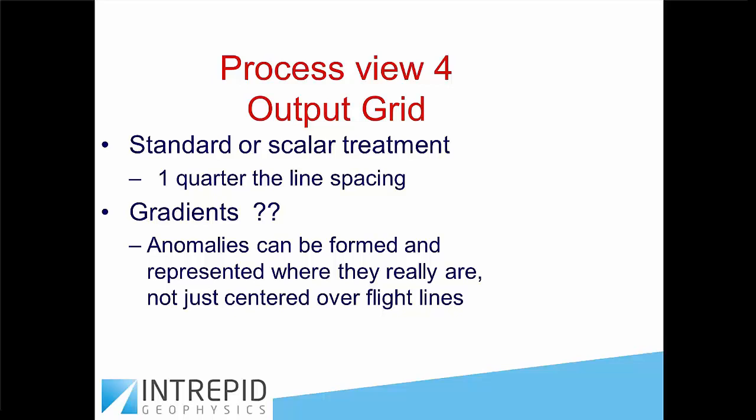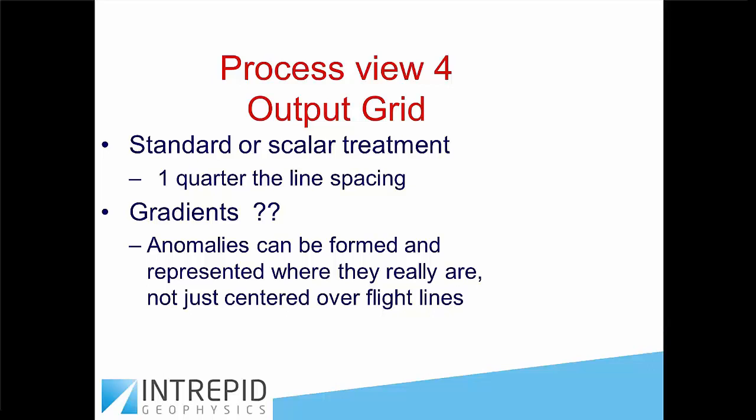If you're dealing with gradient data, the anomalies can be formed and represented where they really are, and they don't just end up centred on the flight lines. One of the tests of your gridding algorithm, which I'll show later on, is that for scalar gridding, the anomalies are forced to lie upon the lines of observations and cannot occur outside that.